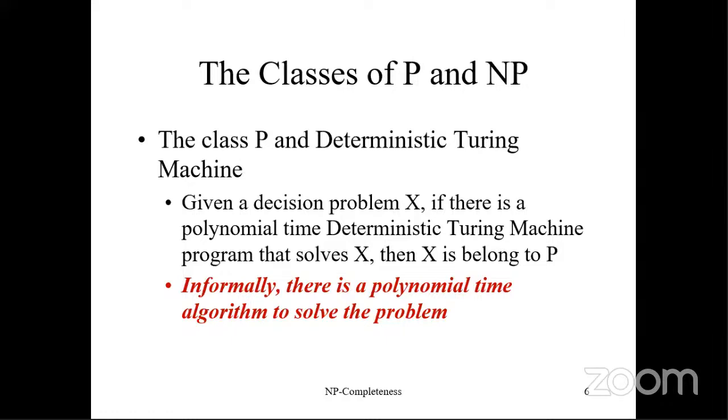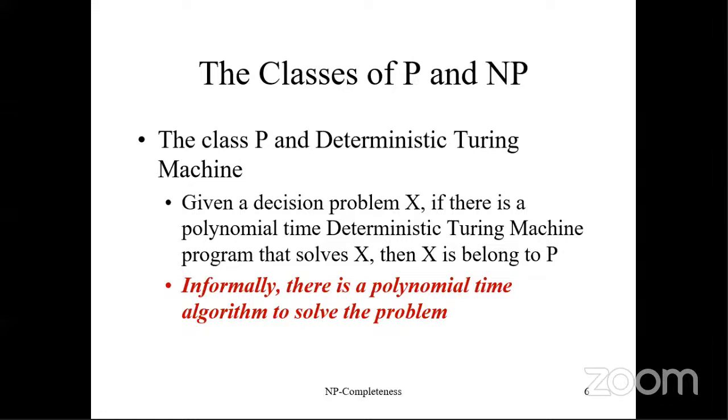If that is correct, then we say there is a polynomial time deterministic Turing machine program. We know that polynomial time solves a problem efficiently. So what we are saying here is that if you have an efficient program that solves the decision problem X efficiently, then X belongs to P.